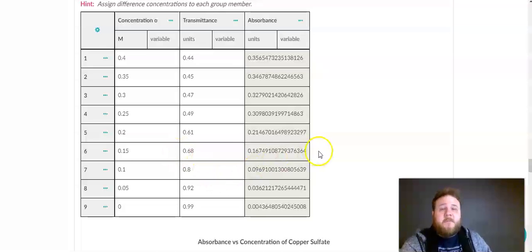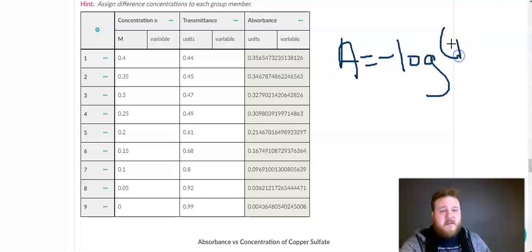It's tedious. The part that you may not have known how to do is to get the absorbance. We do have to do a calculation here. I'm going to use the equation that was given in Pivot, which is A equals negative log of T, transmittance. But if you wanted to use the one in the PowerPoint, that's fine.